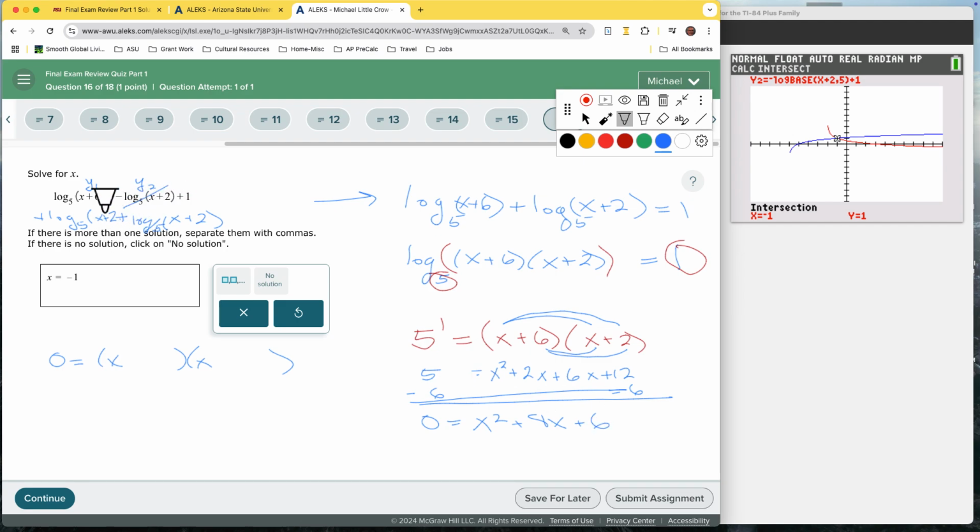What did I do wrong here? Okay, bring that over. We got 6 and 2. 6 plus 2 is 8. You do 1 and 6, you'll get 7 here in the middle. Doesn't look like it's going to factor.